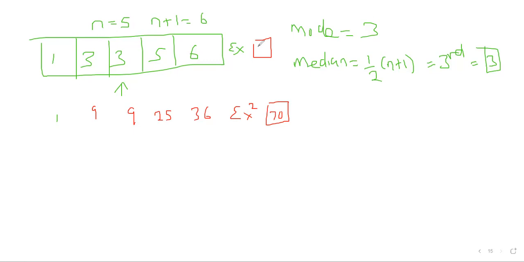On top, 18. So can somebody tell me, how do we find the mean? Summation of x over n.